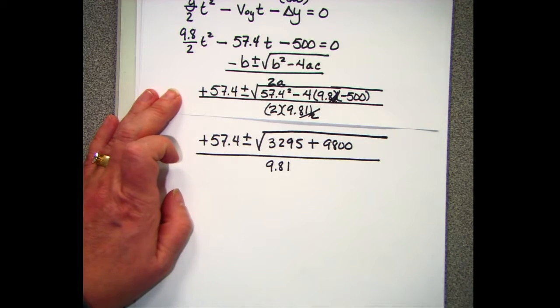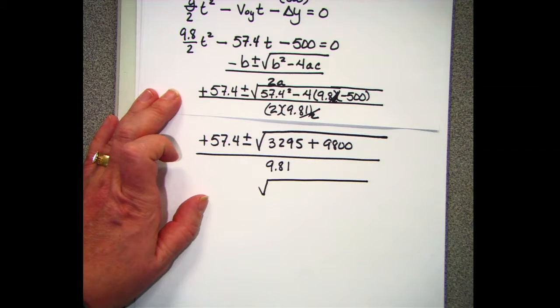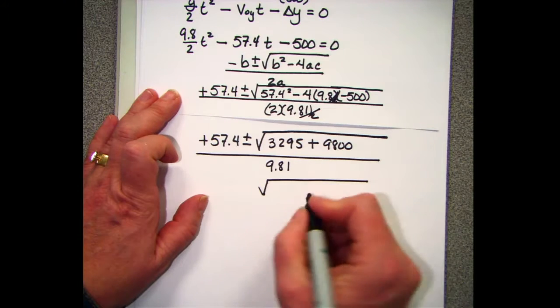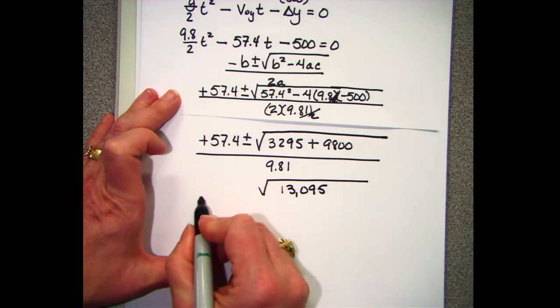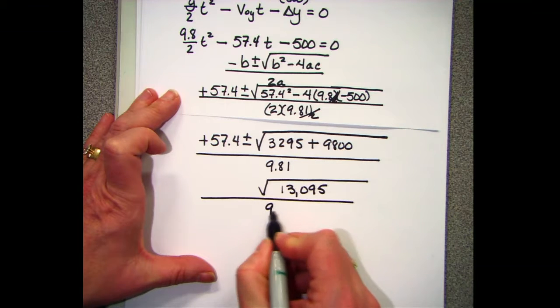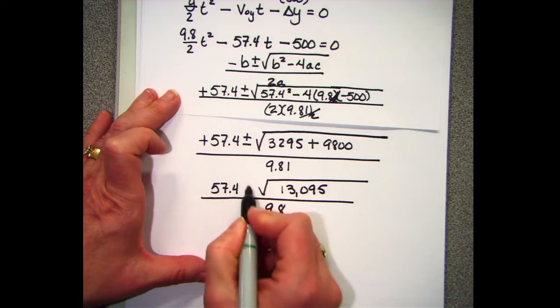Okay. So now I got the square. That's also why it's nice, when you're doing these things and putting them into the calculator, to write down your individual steps, because then it's easier to figure out where you might have screwed up. So this is 13,095, 9.8, and this is 57.4.